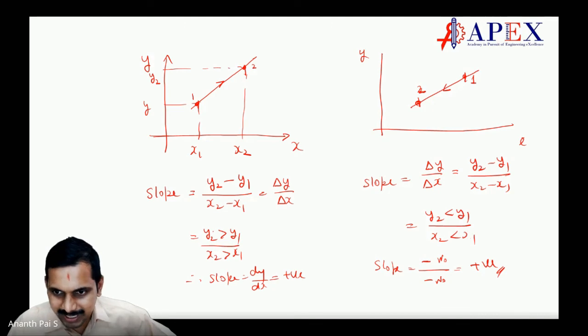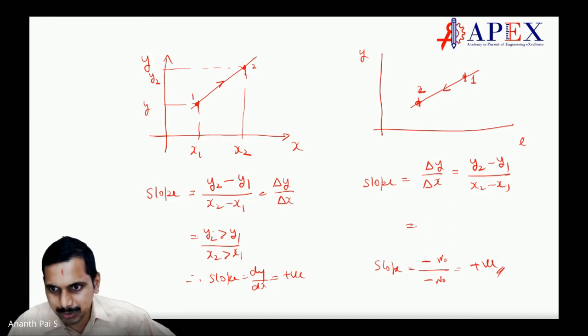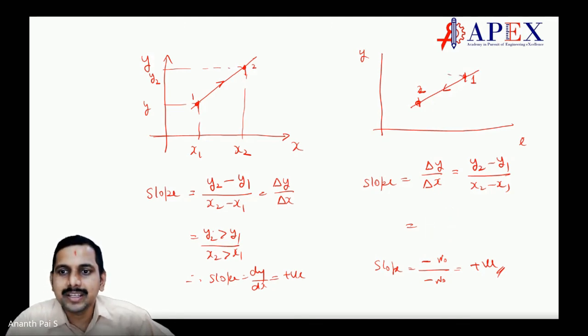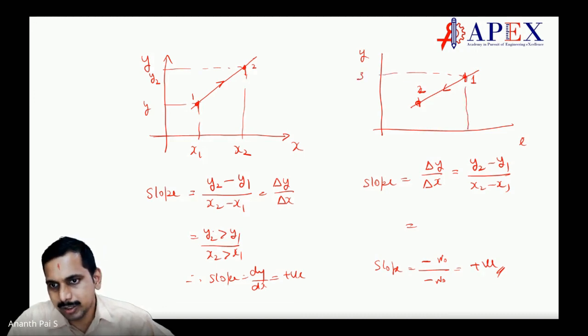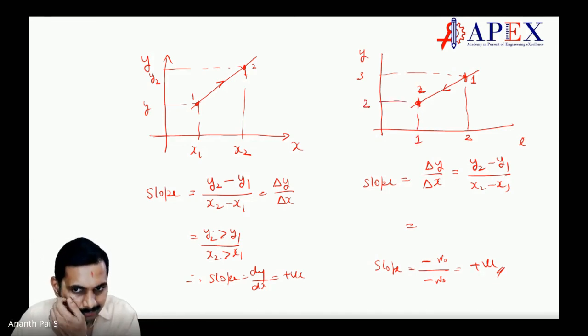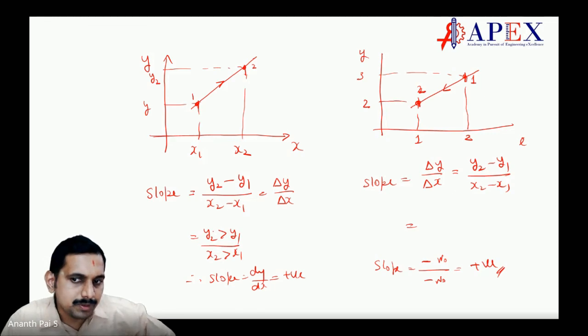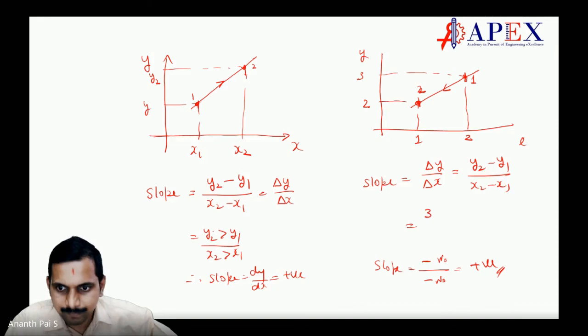Let us give numbers to that. Let us say the y value for this is 3 and the y value for the other is 2. Say this is x equal to 1 and this is x equal to 2. What is slope? y2 minus y1. What is y2? 3. What is y1? 2.